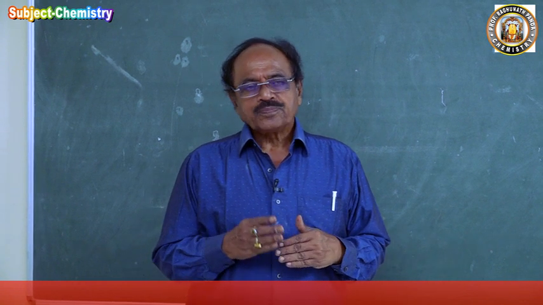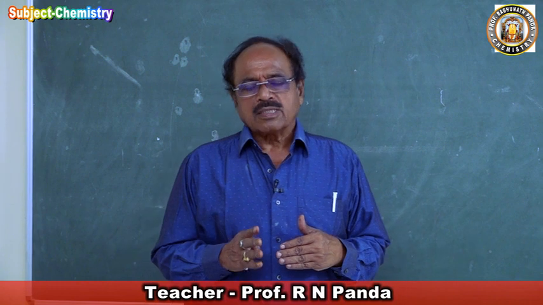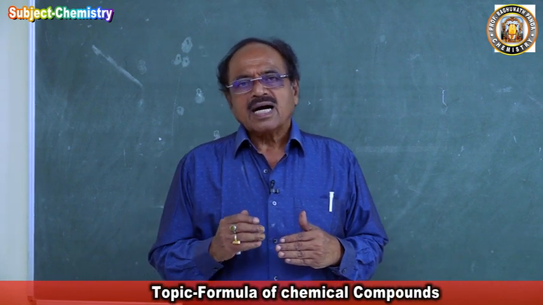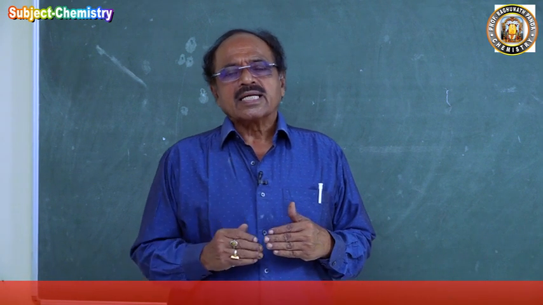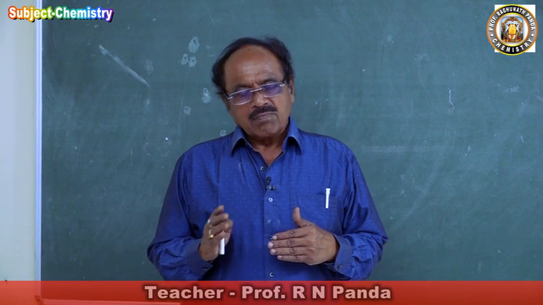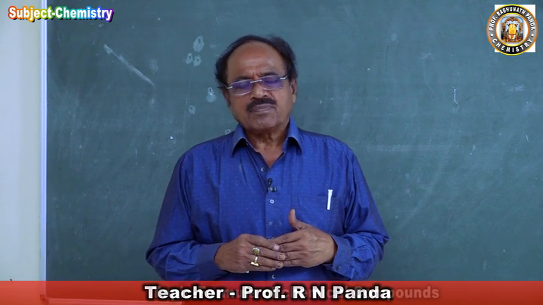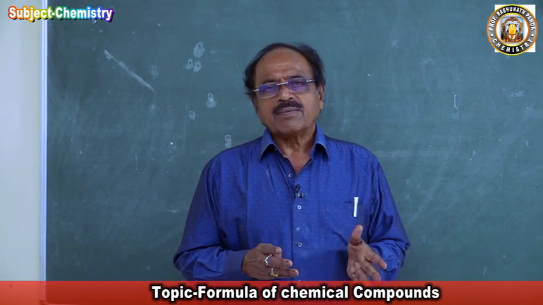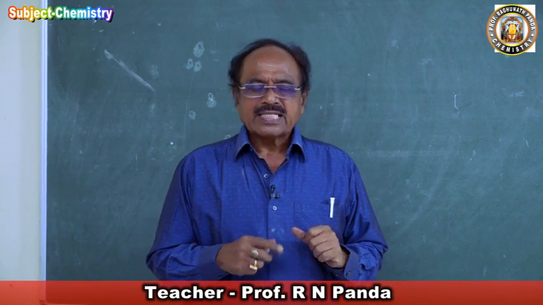Now coming to group 5: nitrogen, phosphorus, arsenic, antimony, bismuth. All these elements combine with oxygen to form oxy anions, and the charge will be 8 minus 5, that is 3, so minus 3. But nitrogen is an exception.